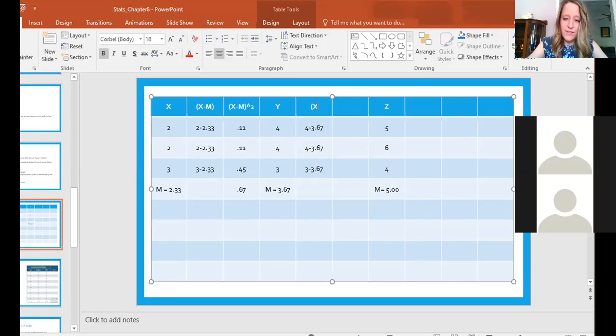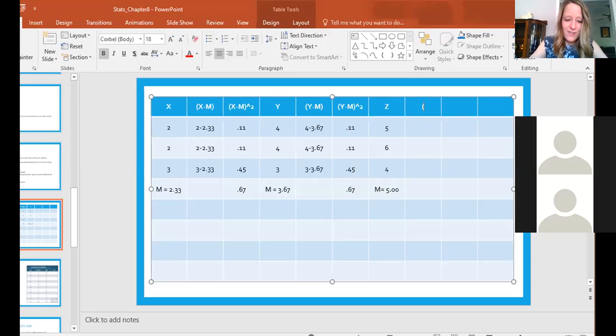So that's my y minus m. And then I need to square that. And so here, I got also 0.11, 0.11, and 0.45. So if I sum all of these together, again, 0.67, because it's the same numbers.